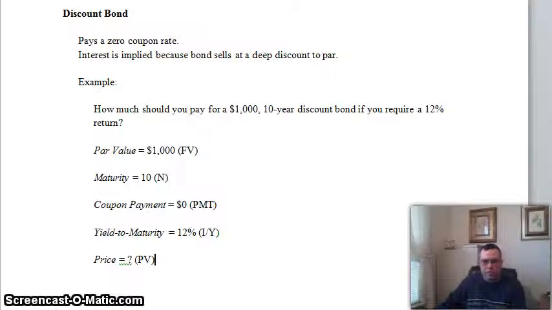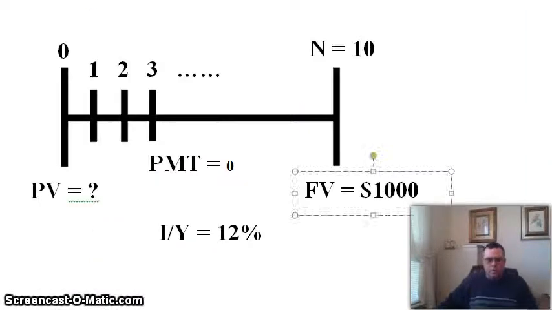So I'm going to switch over to a time value money screen. So here I have the basic layout of a time value money problem. It's just like we did in the last week's lectures. So we have 10 years, $1,000 par, no payment because it's a 0 coupon bond. We want to make a 12% return. We want to know what that price is.